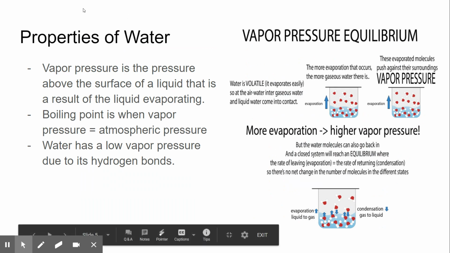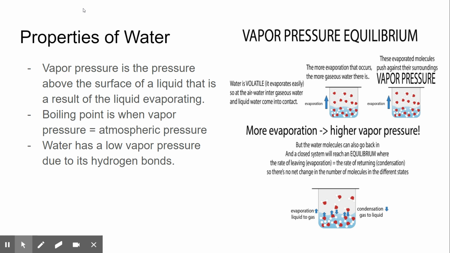Okay, another property of water is that it has a relatively low vapor pressure. Because of those hydrogen bonds holding the water molecules together, it has a low vapor pressure.